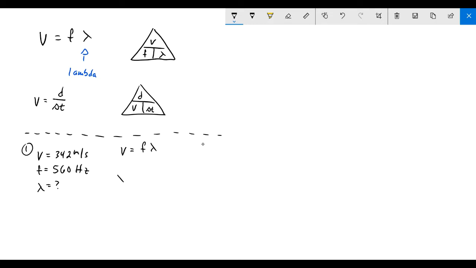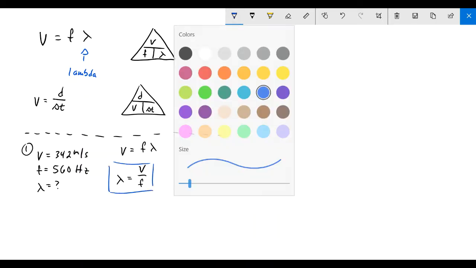So I need to rewrite this so it reads lambda equals. So the triangle trick says that lambda, right up here, would be equal to velocity over our frequency. So that's what I'm going to write. Velocity over frequency. And it's this equation that we've got written here that solves this problem.